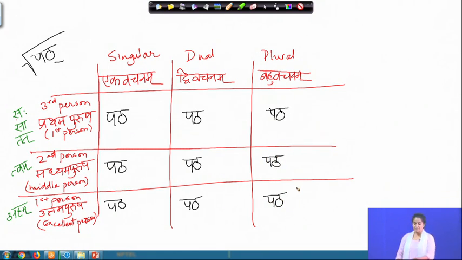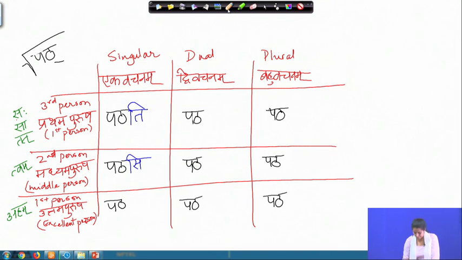All right. Now let's see what happens to the endings. So let's see if you can recollect based on what we have seen thus far, what the endings would be. Yeah. So saha in the singular was in the present tense, pathati, tvam pathasi. Make sure you don't join it there.